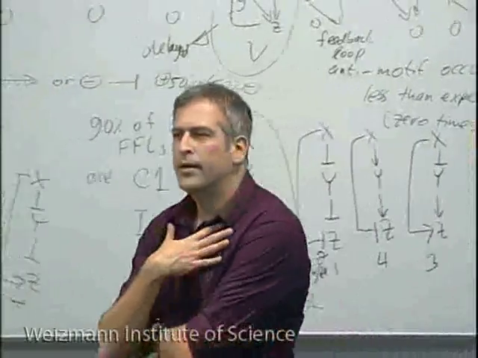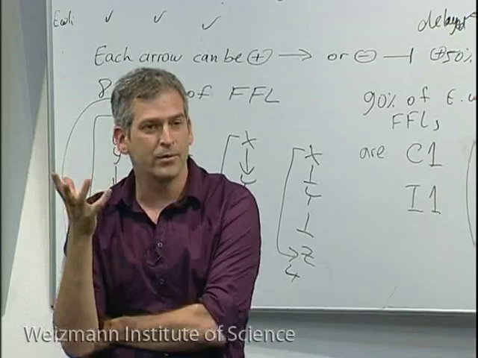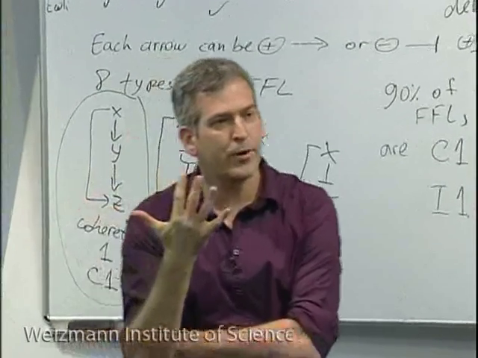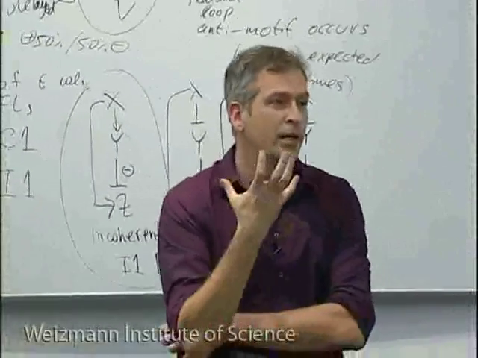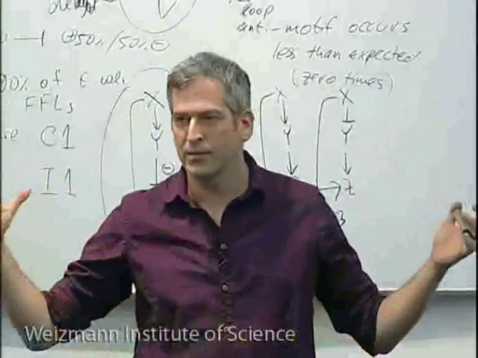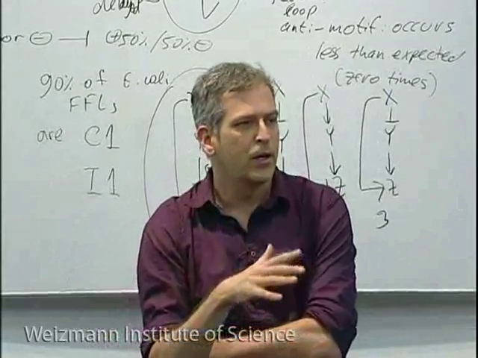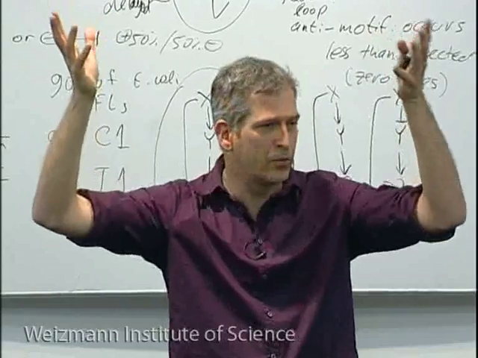And when other labs, our lab and other labs, looked at other organisms like yeast, again, out of the 13 possible 3-node patterns, the feed-forward loop is the only one that's significant and occurs massively, hundreds of times. And of the 8 kinds of feed-forward loops, only the coherent type 1 and the incoherent type 1 stand out an order of magnitude more than the others.